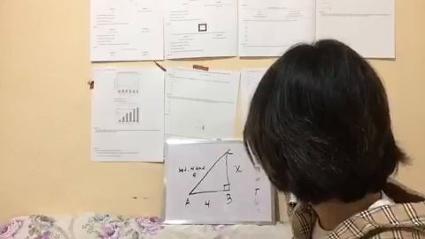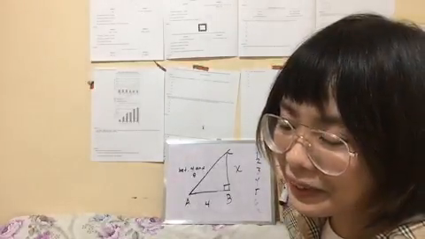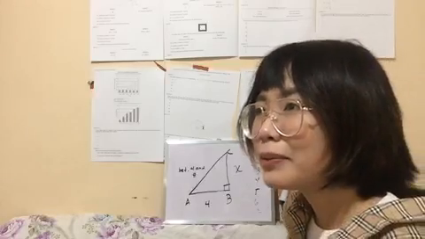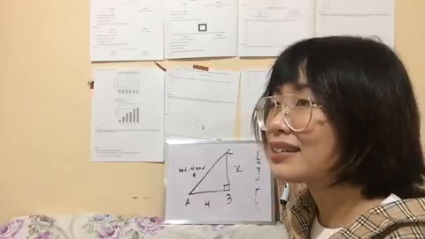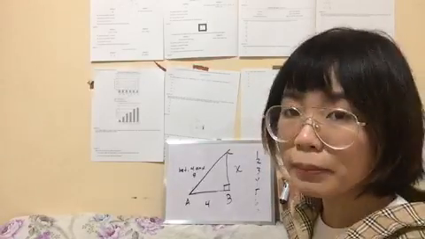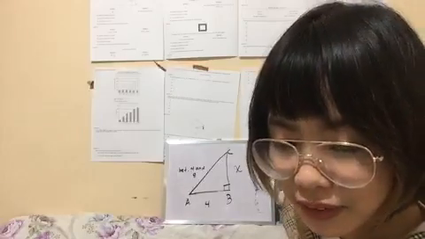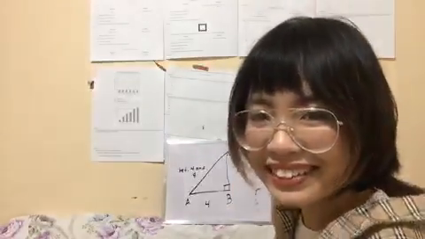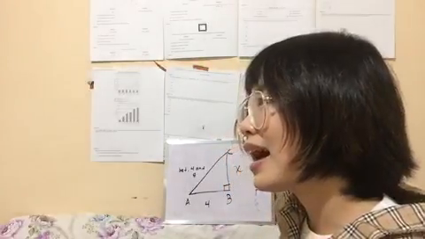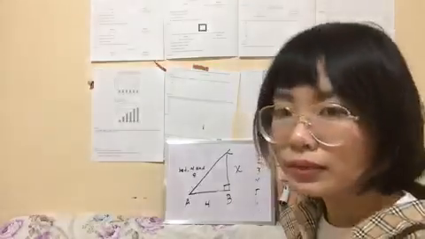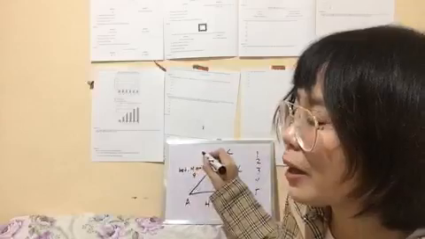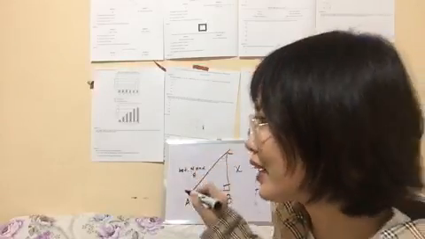So, we're going to apply the Pythagorean theorem, because you can apply it to a right triangle, and this is not an exception. Do you remember the Pythagorean theorem? It is the equation that gives the value for the hypotenuse.